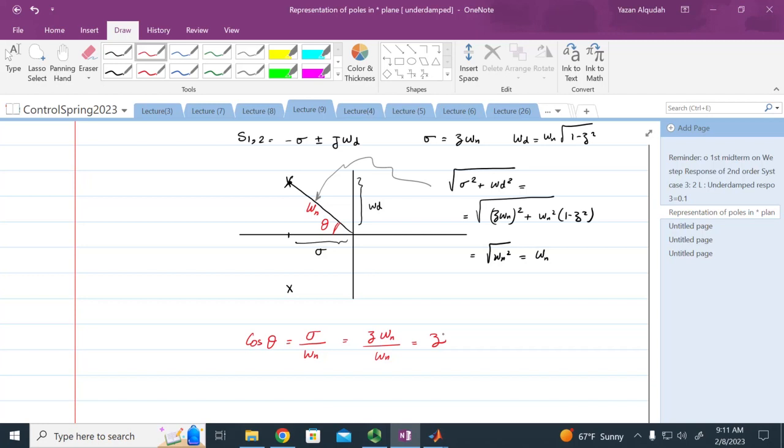It's going to get smaller, smaller, smaller. All the way, when I go all the way here, theta is 90 degrees. What is zeta going to equal? 0. Make sense? So by looking at the pole location, I can know what zeta is equal to. The bigger the angle, the smaller the zeta. Is that clear?